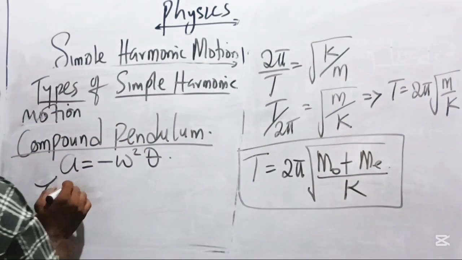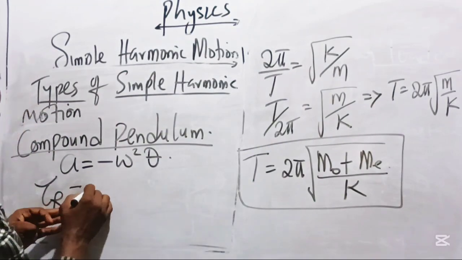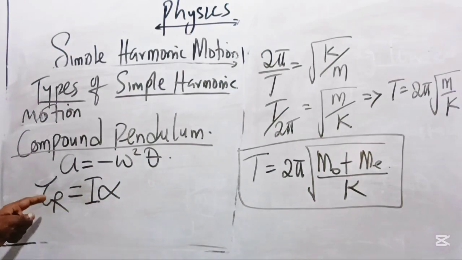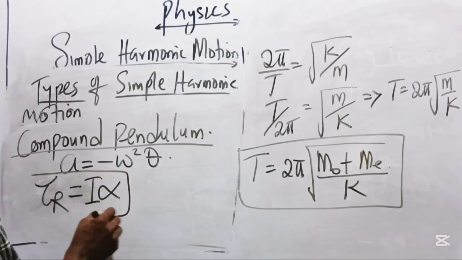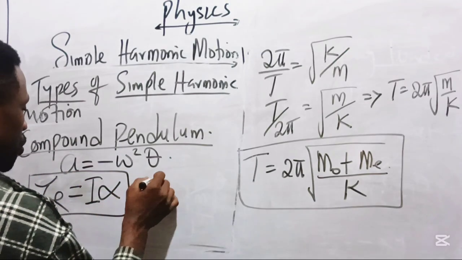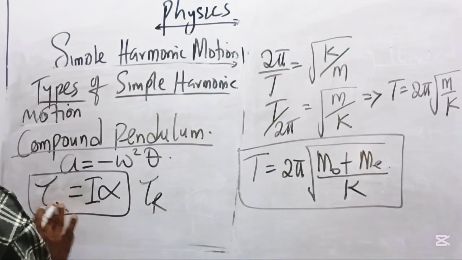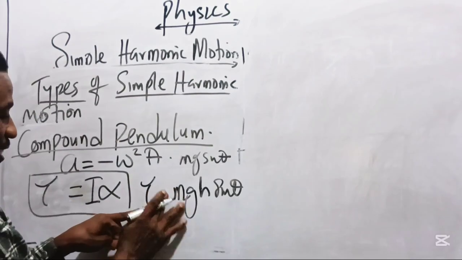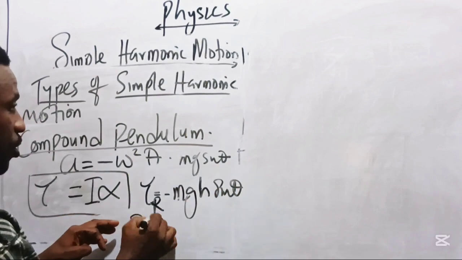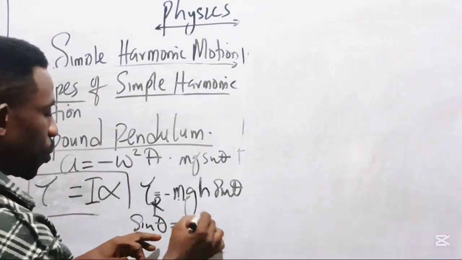So this torque is equal to mass, here it is I, times acceleration, which is angular acceleration. So torque is equal to I alpha. Now, we need to take note of this. To get the restoring torque, this is just torque. Then the restoring torque is negative mgh sine theta. But sine theta is small, so it's equal to theta.